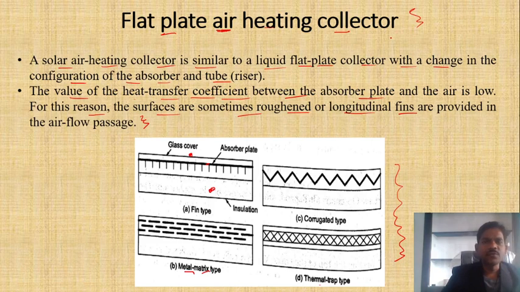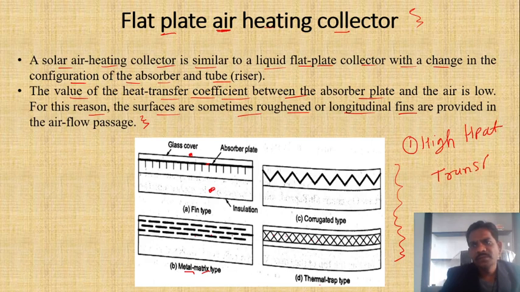Why use them? To increase the maximum heat transfer rate, for that purpose such types of absorbing plate are used, to increase the high heat transfer. इसके वजह से हमने ऐसे डिफरेंट डिजाइन की ऑब्जर्विंग प्लेट यूज की है, गाइस.